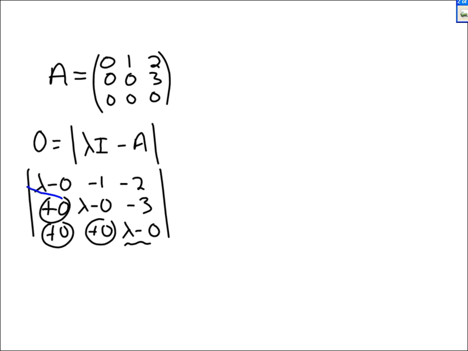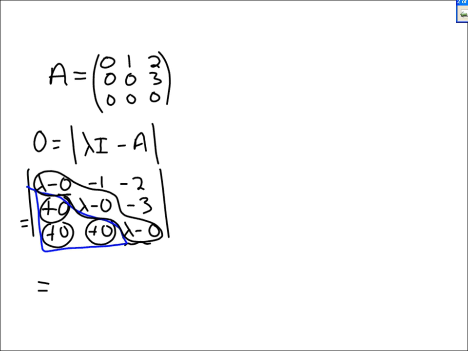Everything below the diagonal is 0. That is, I can easily write down what this determinant equals. It's the product of what's on the diagonal, just the product of those three values.